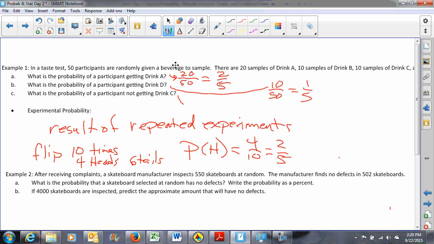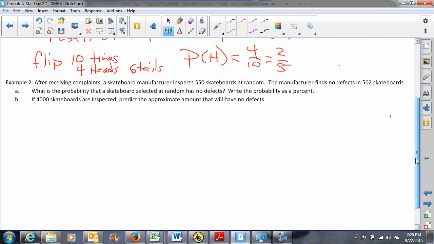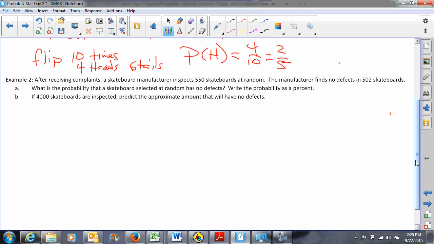Okay, now, second example. After receiving complaints, a skateboard manufacturer inspects, let's say, 550 skateboards at random. They find no defects in 502 of the skateboards. A, what is the probability that a skateboard selected at random has no defects?